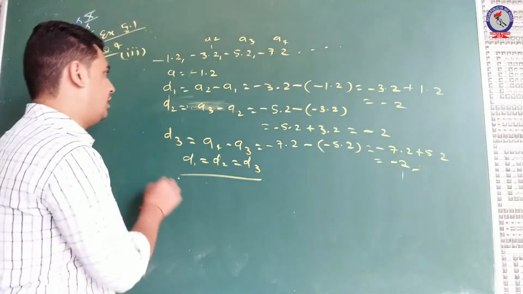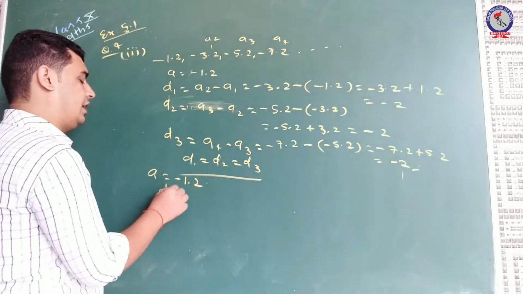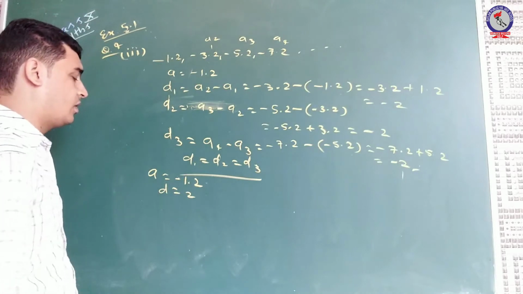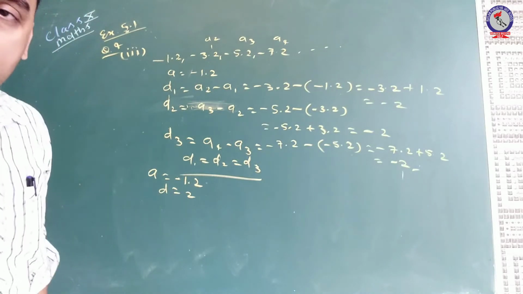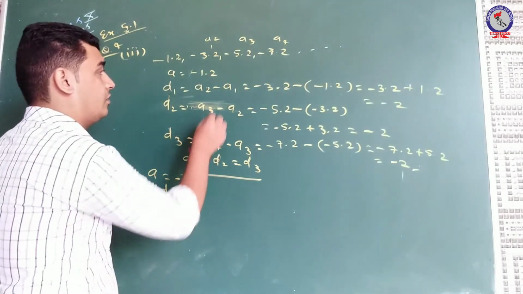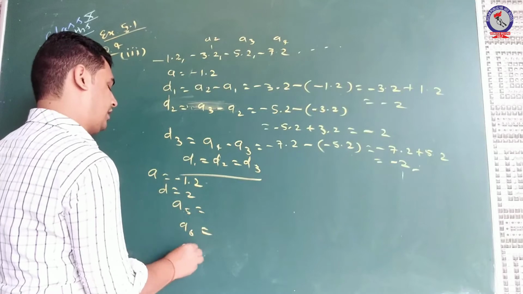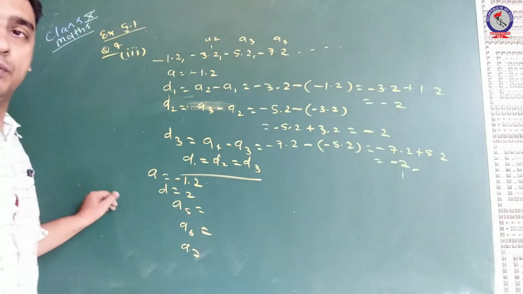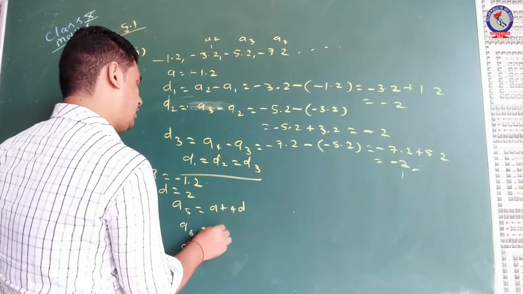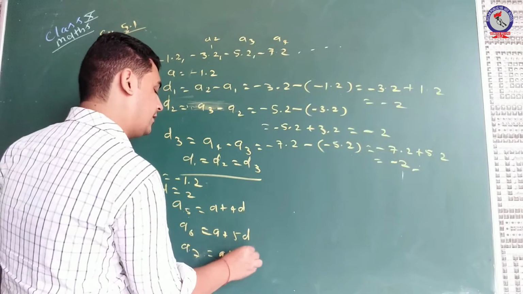And what is A? A is minus 1/2 and D is minus 2. And the next three terms will be A5, A6 and A7. So A5 will be A plus 4D, A6 will be A plus 5D, A7 will be A plus 6D.